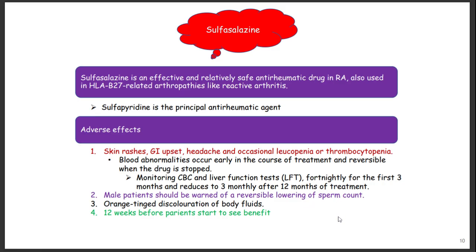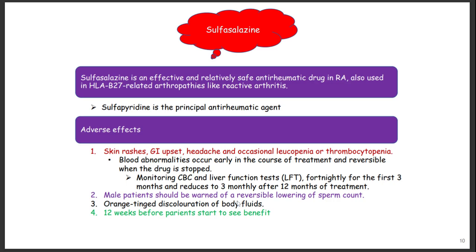So for 3 months you'll be checking every 2 weeks, and then after 12 months, you start checking 3 months apart to assess if there is any problem, doing this complete blood count. Male patients again should be warned of a reversible lowering of sperm count.